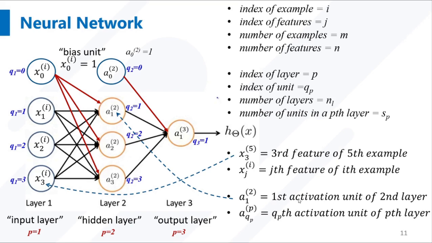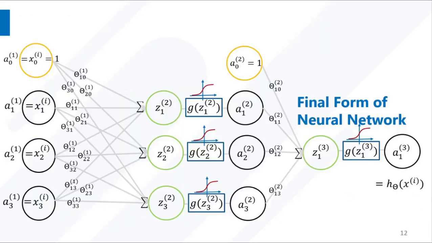So this is the basic description of a simple neural network where there is one input layer, one output layer, and one hidden layer. This is the final form of the neural network. We have 3 layers, but the diagram shows the different steps of calculation.